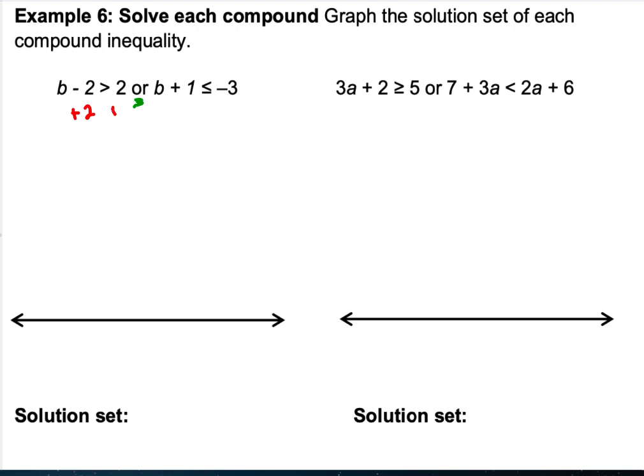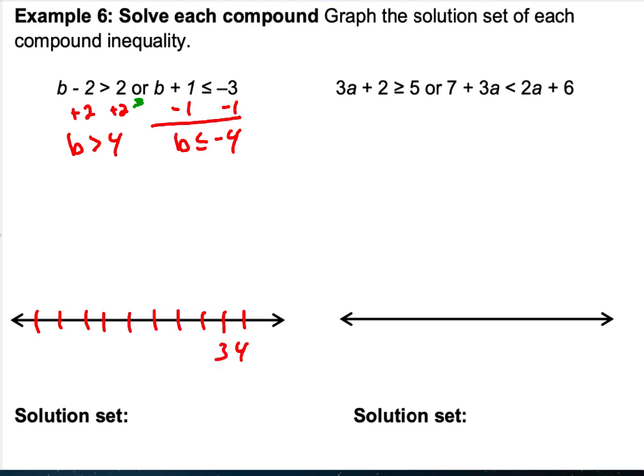So I'm going to add 2 to both sides. B is greater than 4. Here I'm going to subtract 1, and I get B is less than or equal to -4. So I need to go all the way from 4 to -4. So 3, 2, 1, 0, -1.